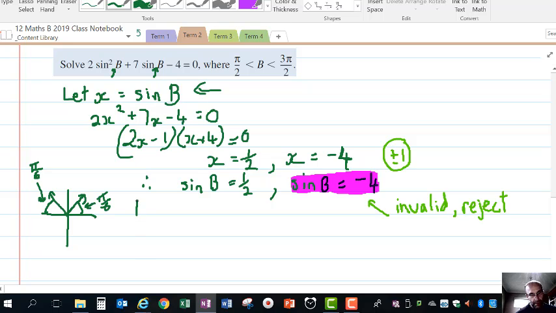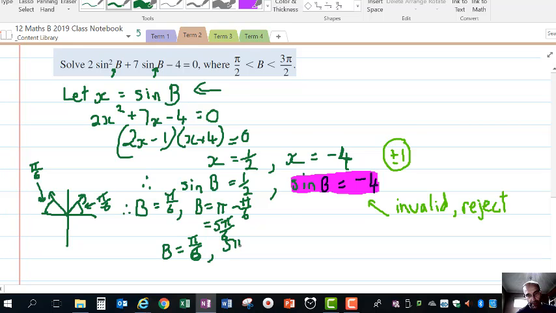So b equals pi over 6, or b equals pi take pi over 6, which is 5 pi over 6. So our solutions are b equals pi on 6 and 5 pi over 6.